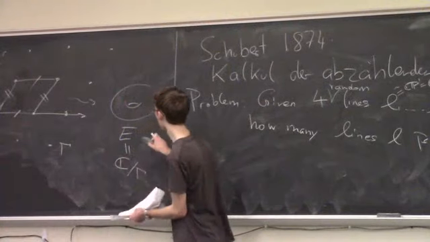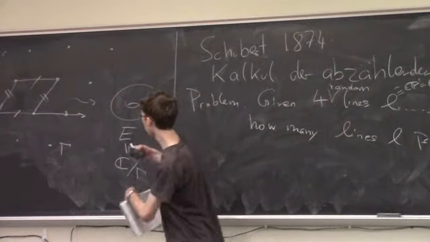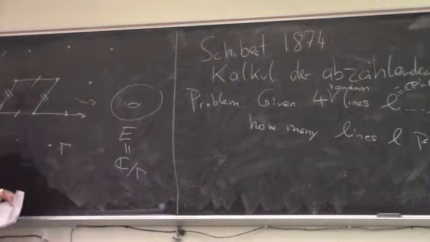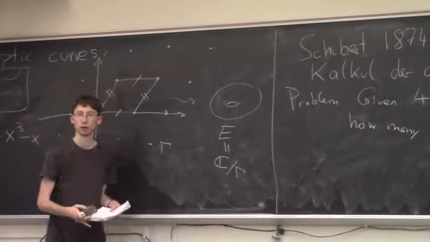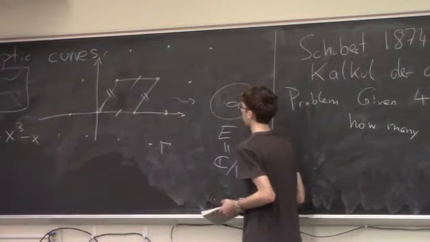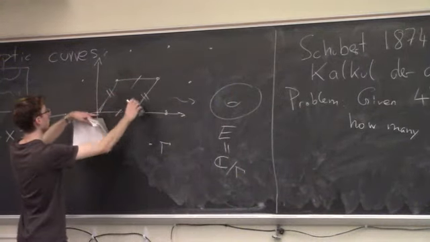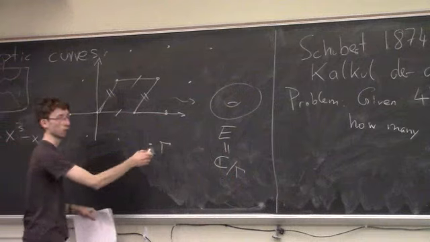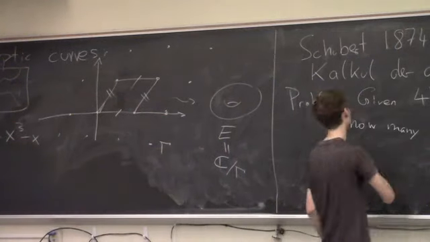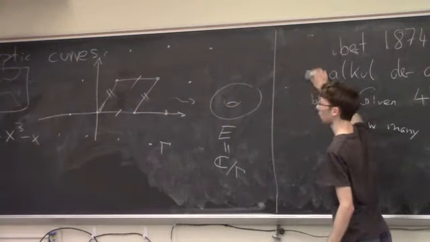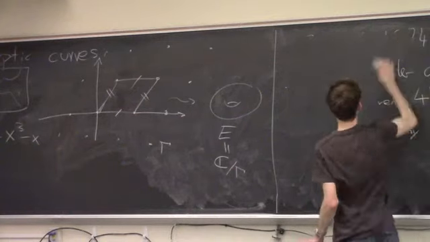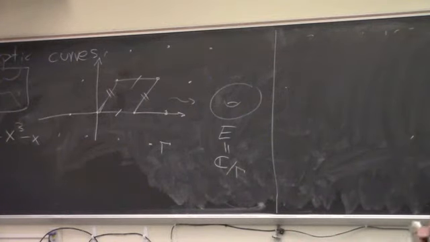There are many possible elliptic curves, and they're classified by what lattice you take. It doesn't really depend on what parallelogram you choose, but only on the lattice. Okay, but so now what is the second problem?